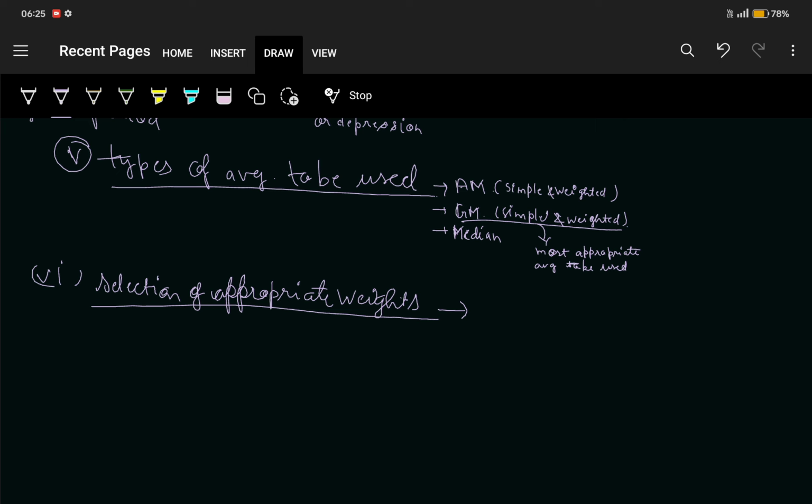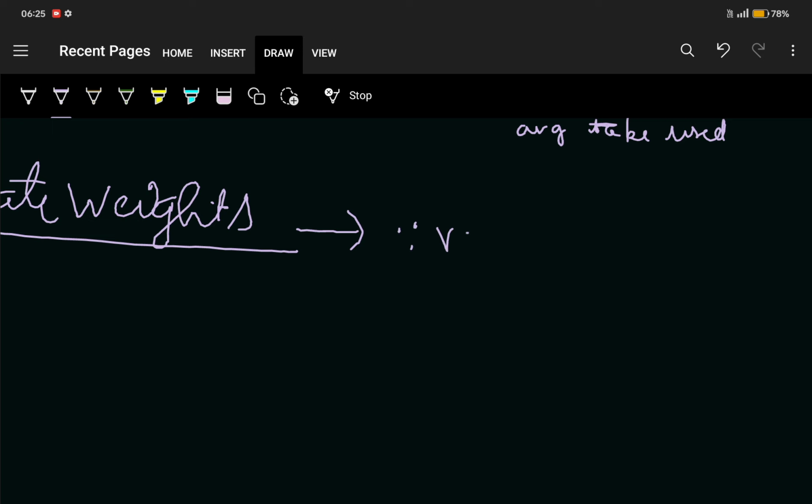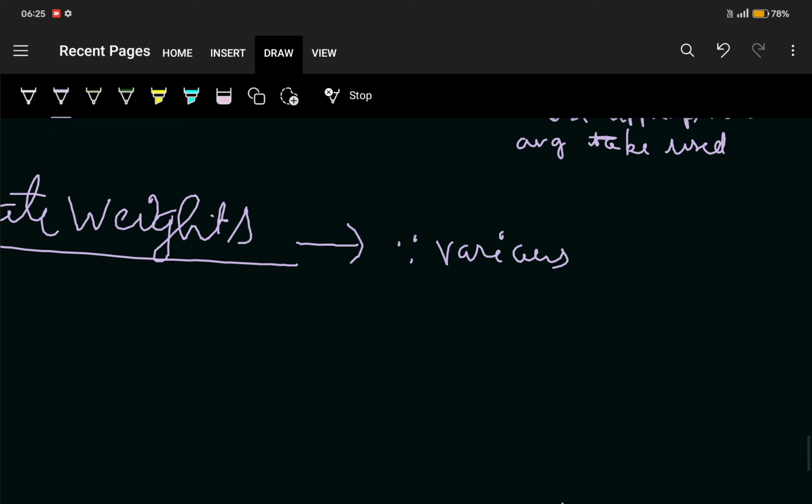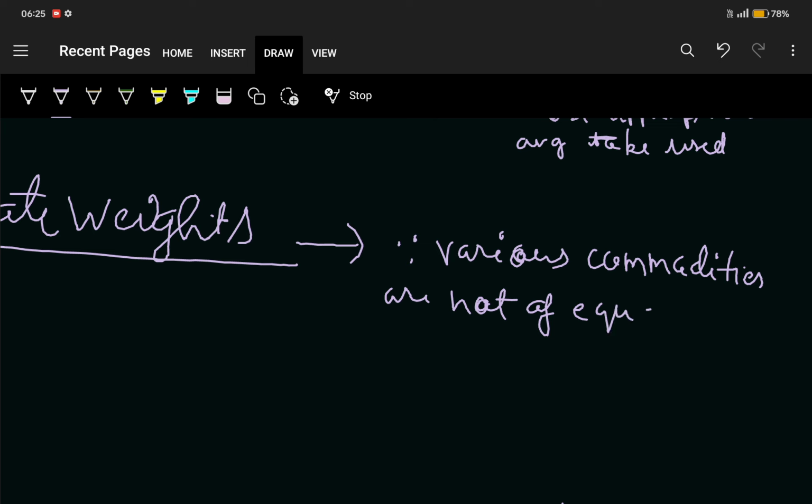लाइफ में भी। Since various commodities are not of equal weights, not of equal importance, weights are given according to their importance.